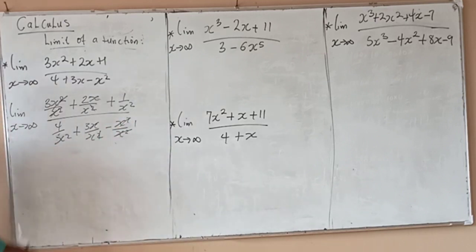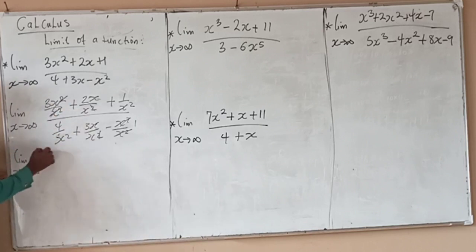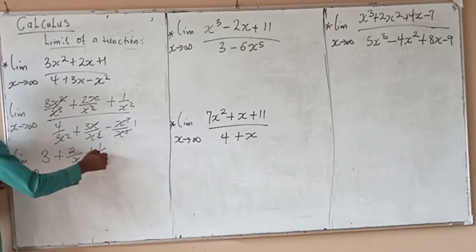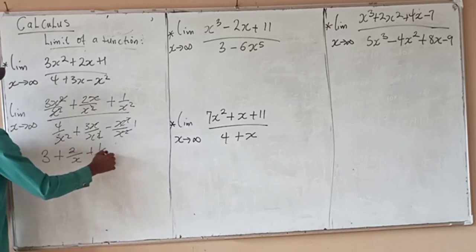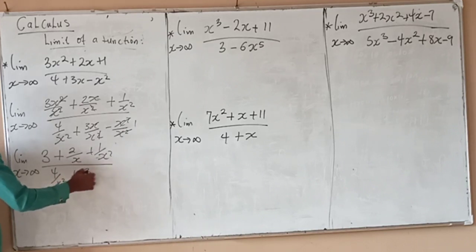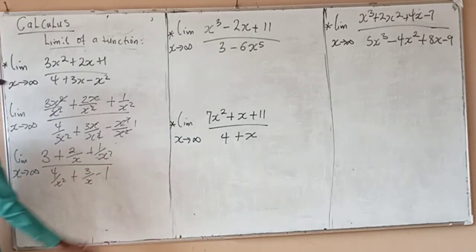So the next thing we're going to have is the limit as x approaches infinity of 3 will be left there, plus 2 by x, plus 1 by x squared, then divided by 4 by x squared, plus 3 by x, minus 1.